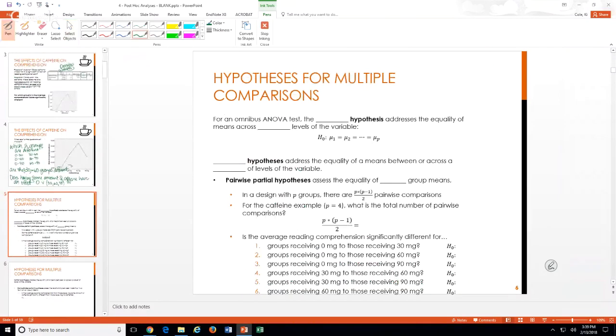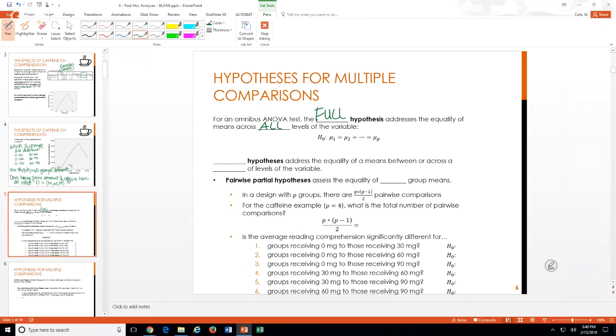And so we can call these in under different subheadings of types of tests. So for the omnibus ANOVA, that global ANOVA, the full hypothesis addresses equality across all levels of the variable.